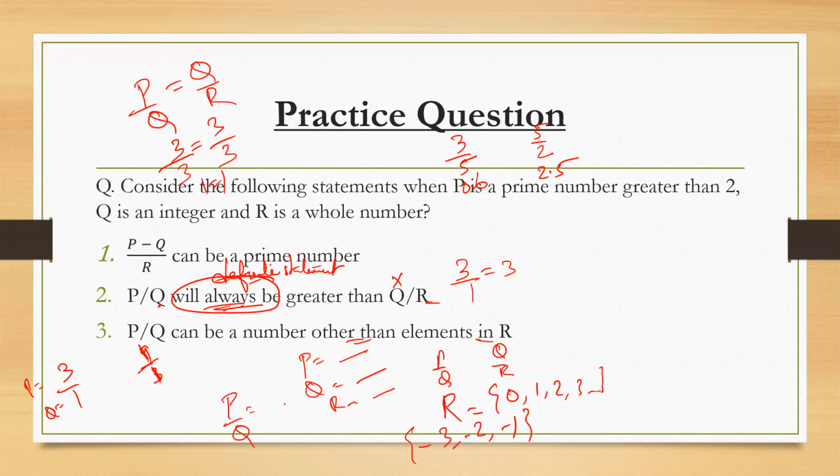Okay. So here you have given that P is a prime number greater than 2. So it is 3. I'm taking it as 3. Now here again, see, Q is supposed to be an integer. So when it is an integer, that means what? When Q is an integer, it is not given if it is positive or negative. It can be negative also.